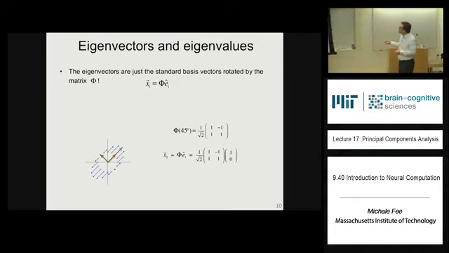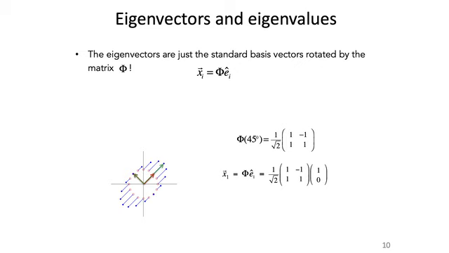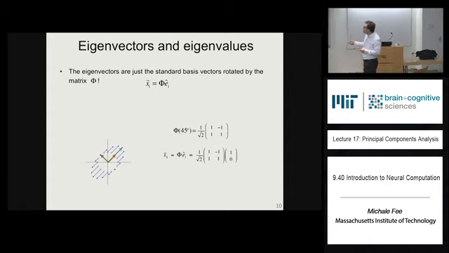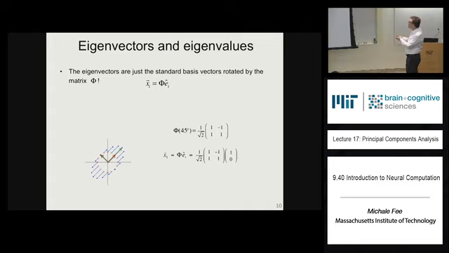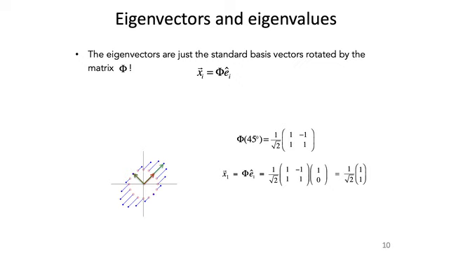So let's just solve for these two x's. We're going to take phi, which was this 45-degree rotation matrix, and multiply it by the standard basis vector in the x direction. Okay? So what is that? Just multiply this out. You see that this is just a vector along a 45-degree line.